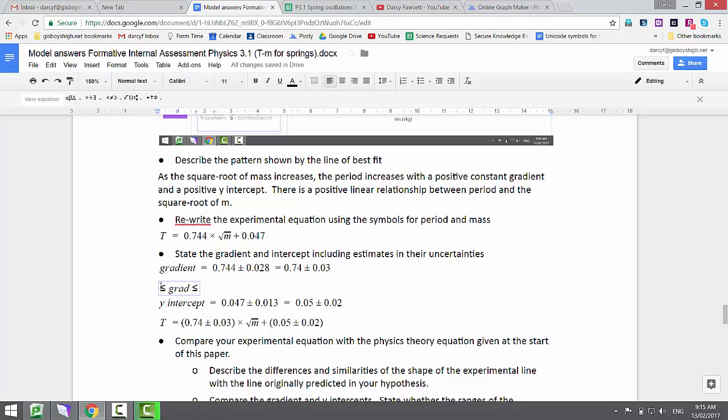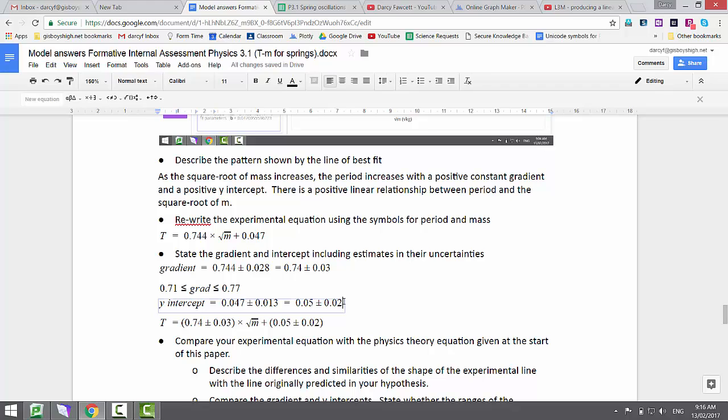Now 0.74 is the middle, but it could be smaller than that. It could go all the way down to 0.71 and all the way up to 0.77, because it's plus or minus 0.03. So 0.74 minus 0.03 is 0.71, and 0.74 plus 0.03 is up to there. So that's what our gradient could range between.